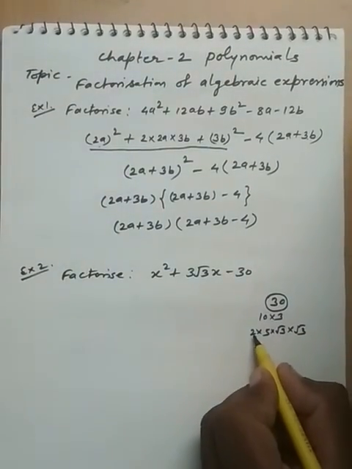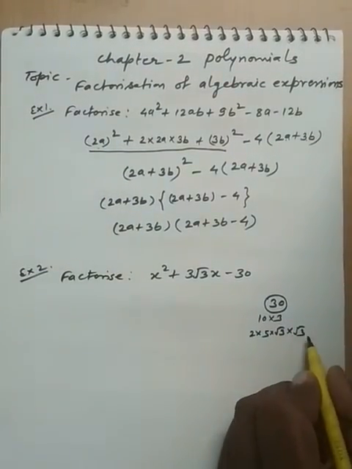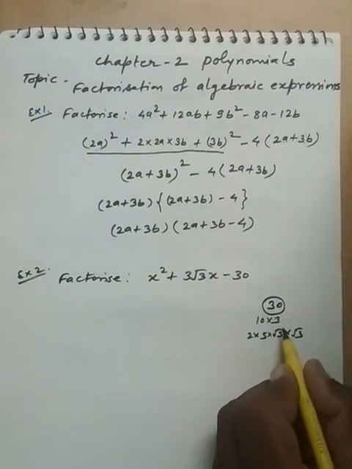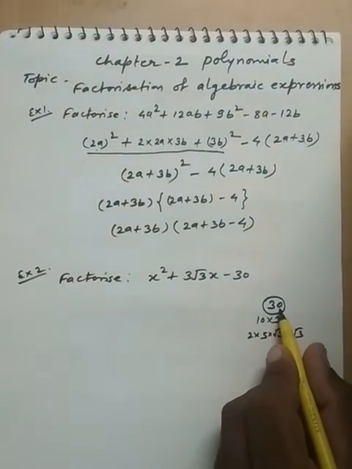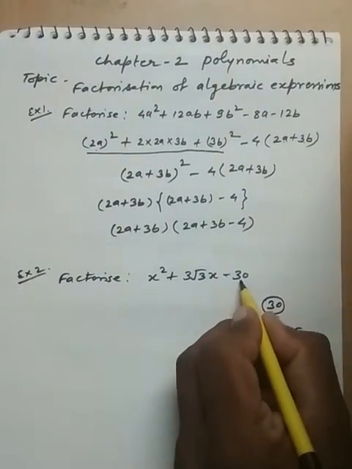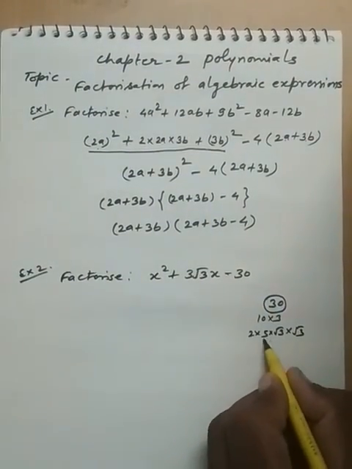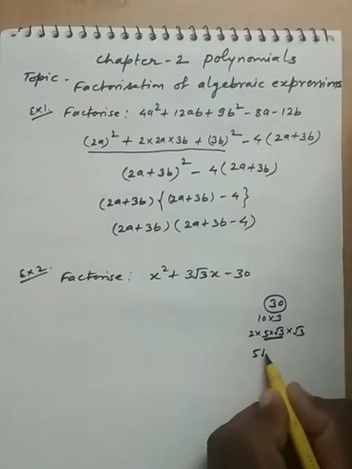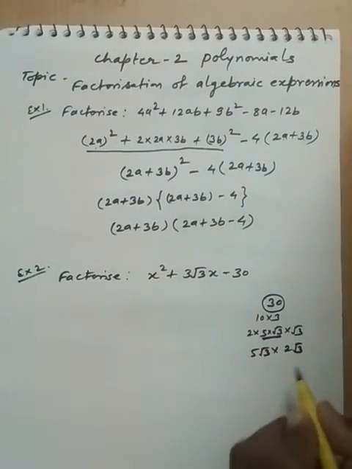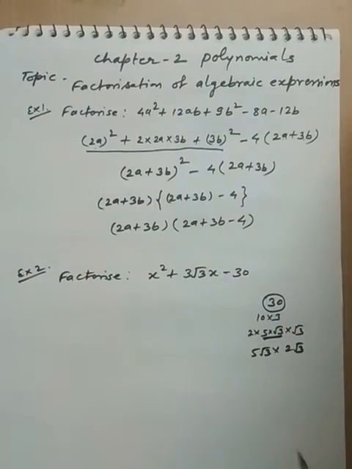So there are 4 numbers, 2 into 5 into √3 into √3, but our requirement is two numbers. So determine the factors of 30 whose difference is 3√3 and whose multiplication is 30. So the factors are 5√3 and 2√3, whose multiplication is 30, and 5 minus 2 is 3.